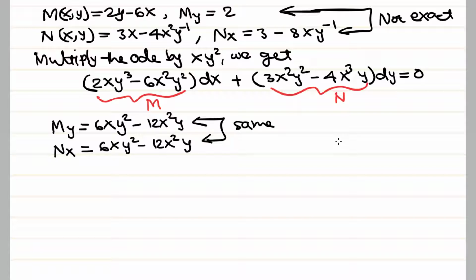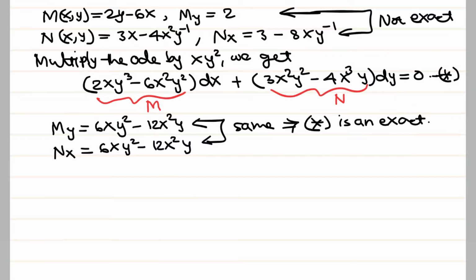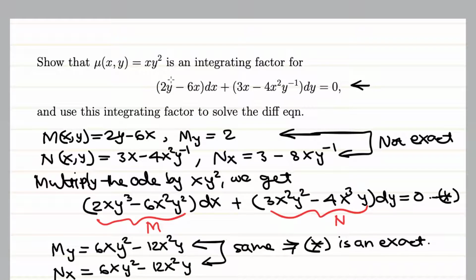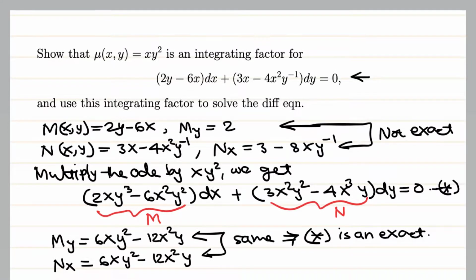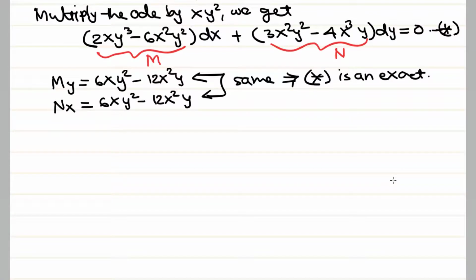That means this ODE we can label star. Same, that implies the ODE star is an exact ODE. That means the function that we multiplied by, xy squared, is indeed an integrating factor because it made the ODE exact.